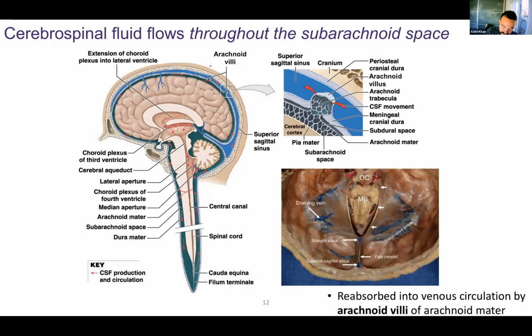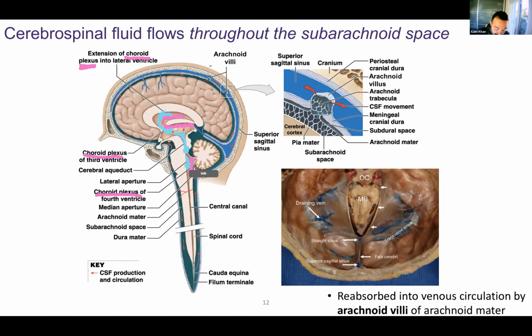What happens is, take a look at this picture at the left. You have choroid plexus in several parts in your brain within ventricles, which I've colored in pink there. There's choroid plexus here, there's choroid plexus here, in all of your ventricles. Cerebrospinal fluid is produced from these ventricles, and all the ventricles are connected.